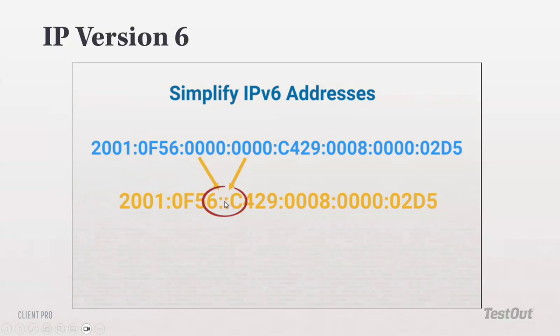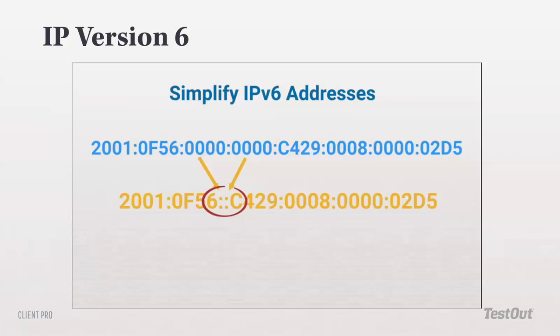That also means we can only use one set of double colons in any given IPv6 address, since we're not sure where that ends and starts and how many zeros it would be. A double colon can only exist once.